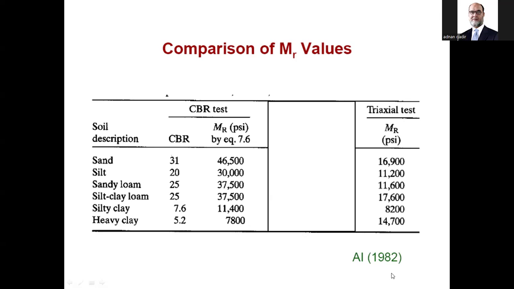This has nothing to do with 1500 CBR or 2555. People at different times have experimented with these samples and come up with those values. If it is silt, 30,000 psi; if it is heavy clay, 7,800.